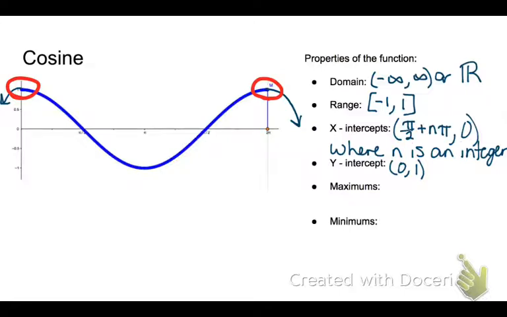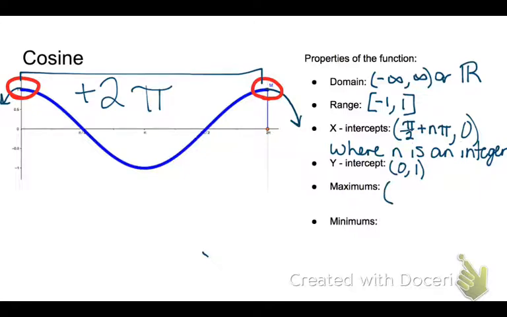The first maximum happens at 0, 1. The next maximum happens at 2 pi, 1. So these maximums are 2 pi apart. If we were to keep going, we would see the next maximum at 4 pi. The next maximum at 6 pi.